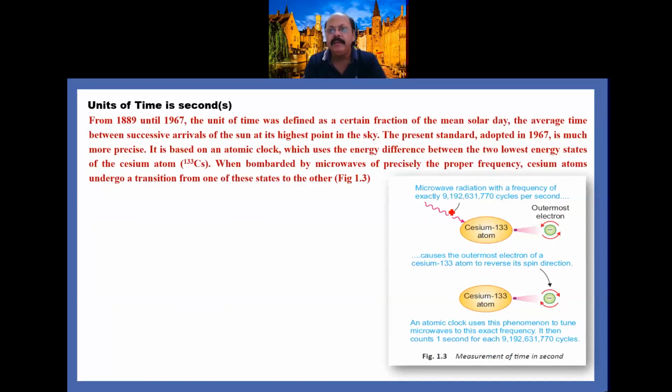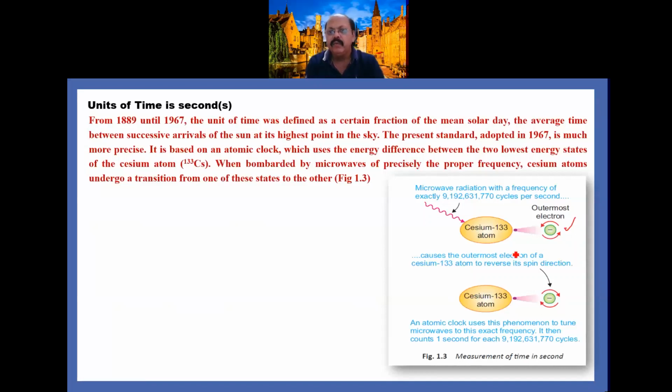9192631770 cycles per second, when they fall onto the cesium 133 atom, then you see that before these radiations fall on the cesium 133 atom, the motion of electrons in its orbit is anti-clockwise. You can see here.